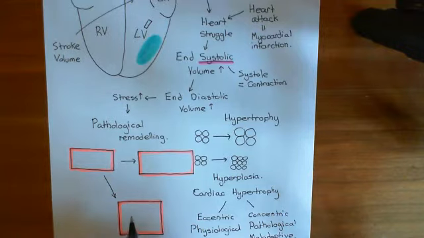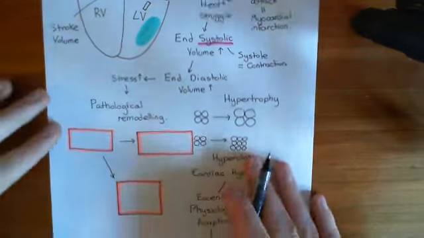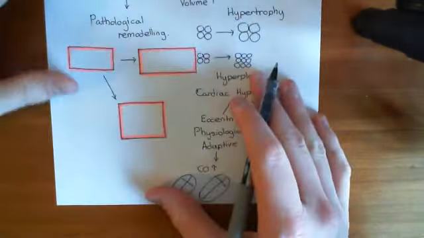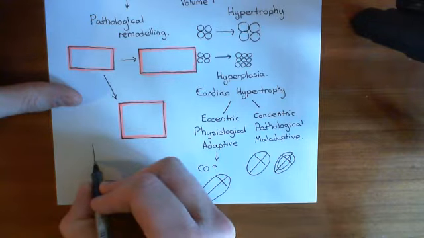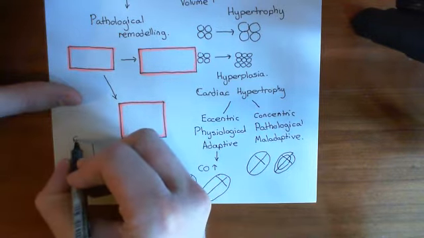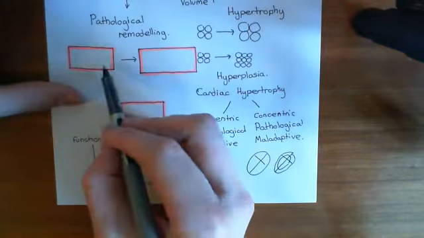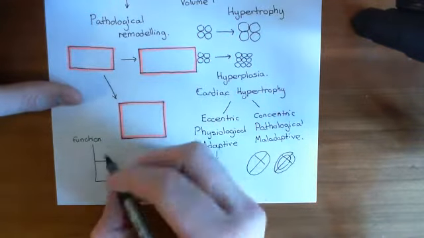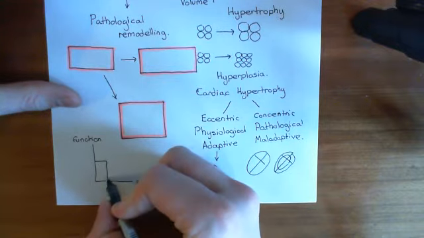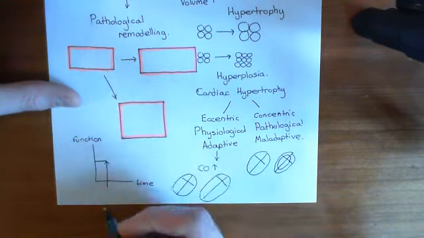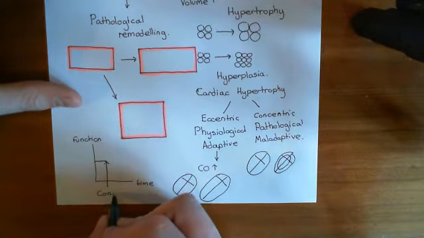And it means that overall what happens is, if we plot their function as a function of time, so let's say this is time, okay, let's say it starts off as a normal cardiomyocyte. So this is the function, or the amount of force that the cardiomyocyte is capable of generating. So this is a normal cardiomyocyte here. Let's say the cardiomyocyte now undergoes concentric cardiac hypertrophy here. So this is the point at which it undergoes the concentric hypertrophy.